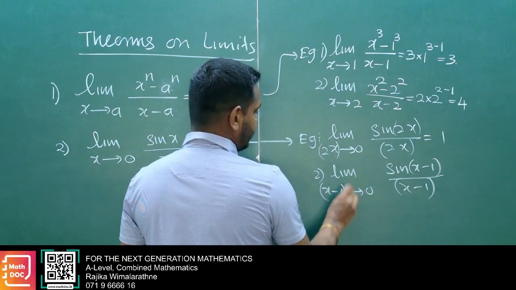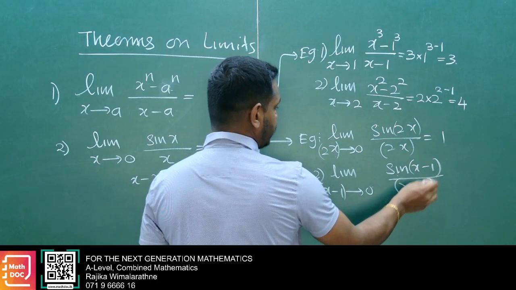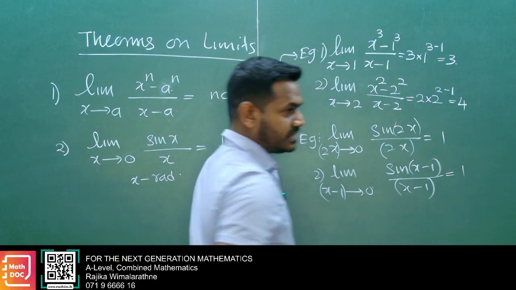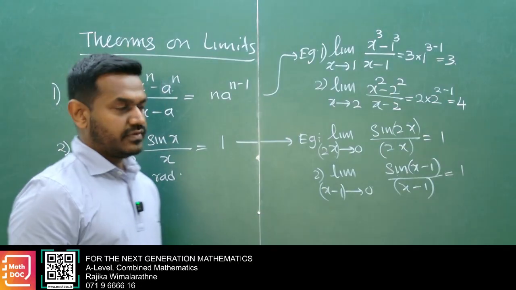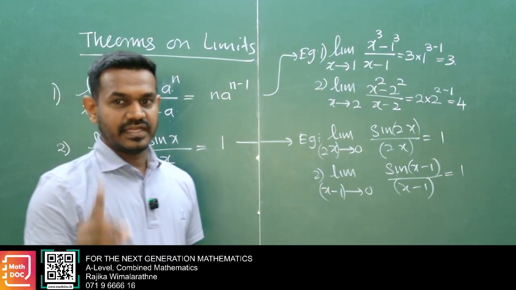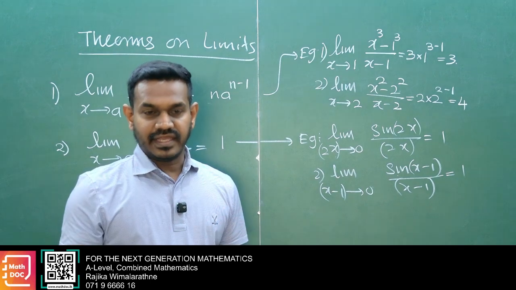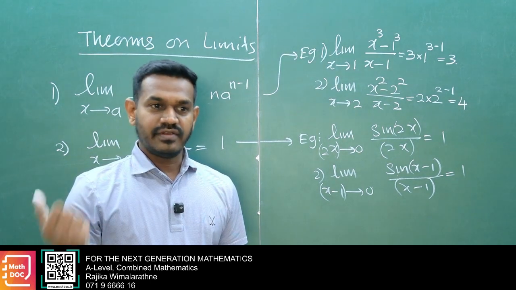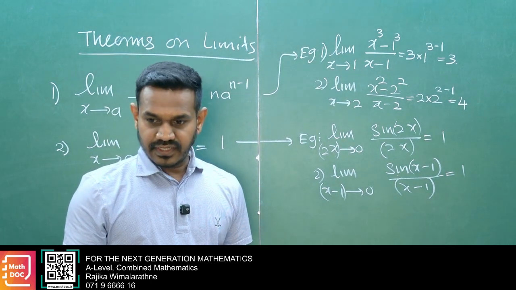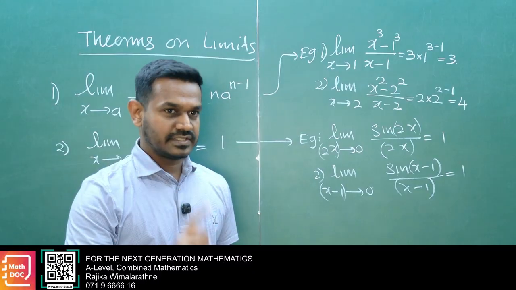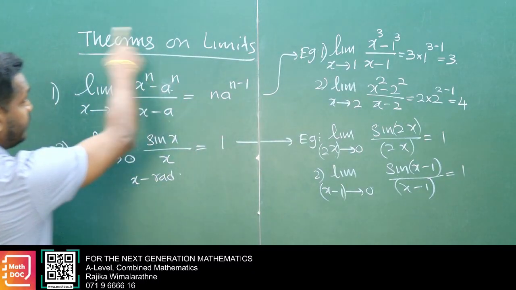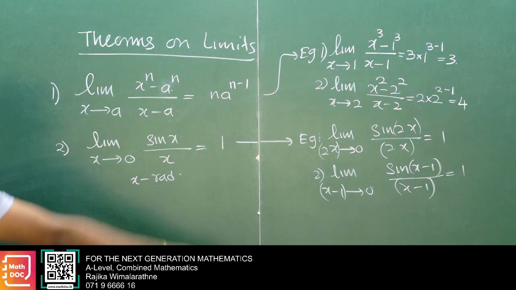Again it is sin x of x type with x going to 0, again 1. Likewise we can apply the theorem. One by one later we will discuss, but you analyze how to evaluate these types of limits in an algebraic way. So we have rules and we have theorems. That's enough. Then one by one we discuss all. Anyway, write down the theorems on limits.